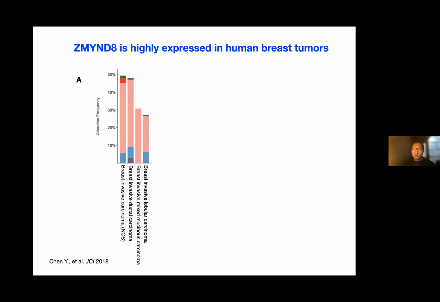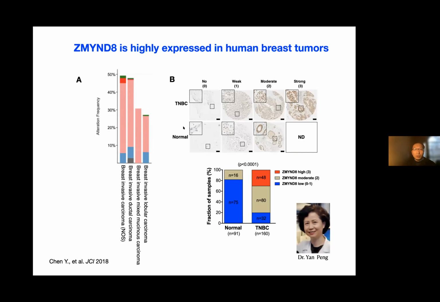Then what about human patients? We analyzed several databases, including this TCGA data. You see that about 40% of human breast cancer patients highly express the MRD8 gene. We also validated this mRNA expression in the triple-negative breast cancer tumor microarray.